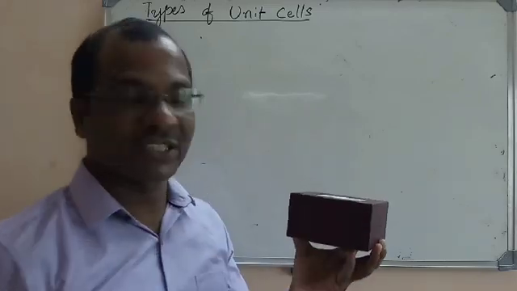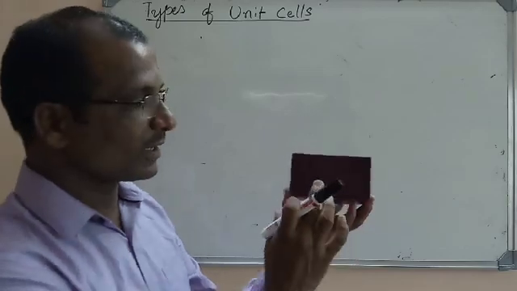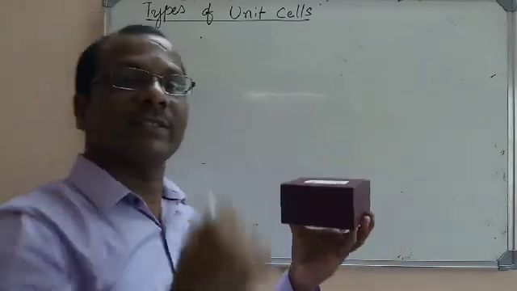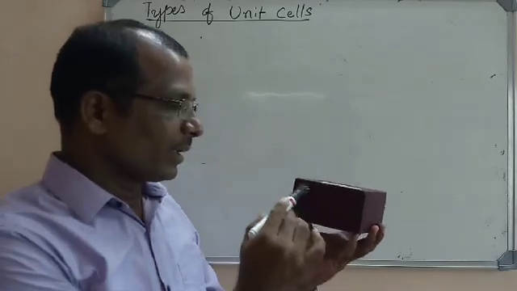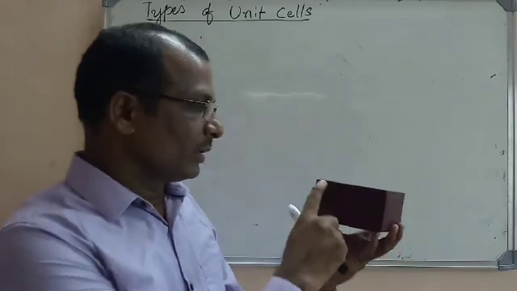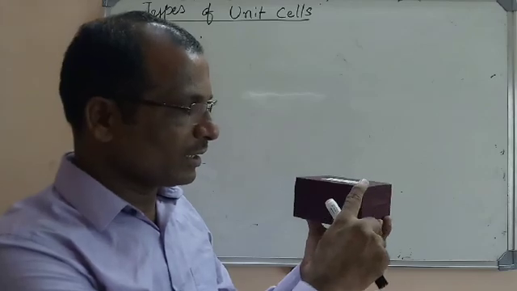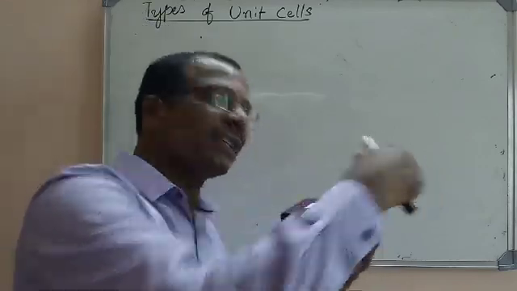This is called the edges, and this is called a face. There are 6 faces. You can see 1, 2, 3, 4, 5, 6. If we take a unit cell, how many faces are there? 6 faces. So 12 edges and 6 faces and 8 corners: 1, 2, 3, 4, 5, 6, 7, 8.